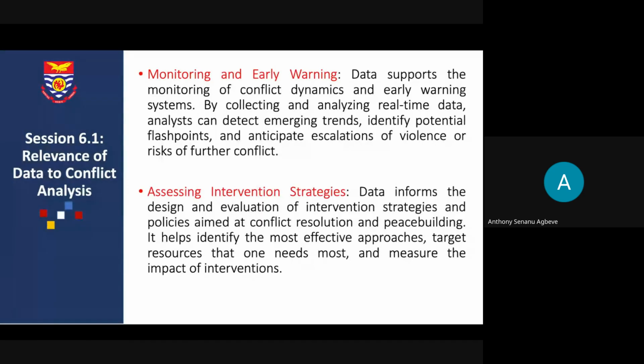So the data gives you all this information so that you'll be able to work on areas that might be threats to the existence of individuals and the community as a whole, right? So you're able to monitor and then put in place measures to deal with any threat that might emerge from whatever flashpoints we've identified or from whatever situation that might occur, right? And then the data also helps you to assess the intervention strategies.